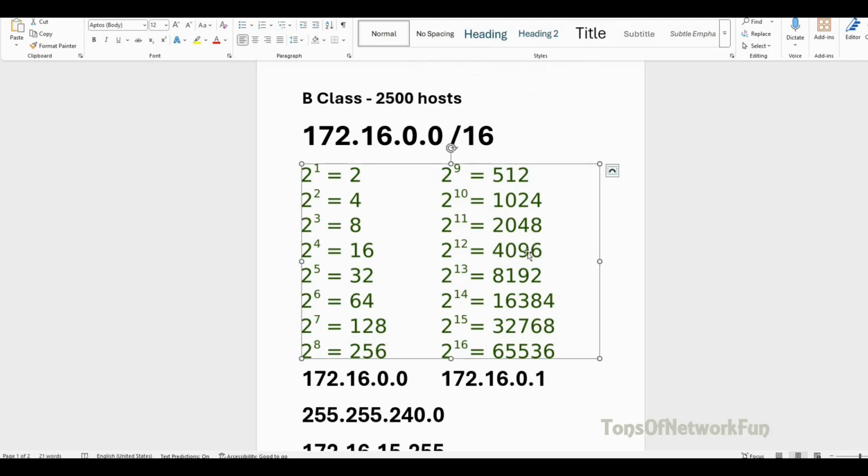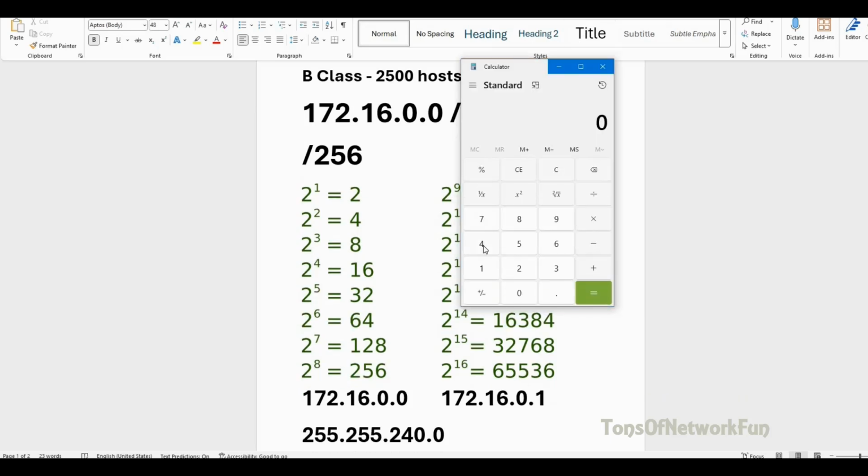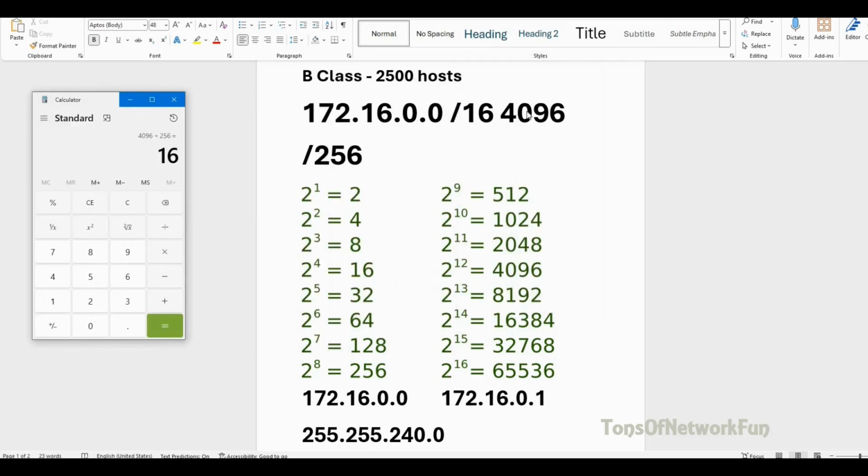Another way you can do it is to simply divide 4096 by 256. 4096 divided by 256 is 16, correct?